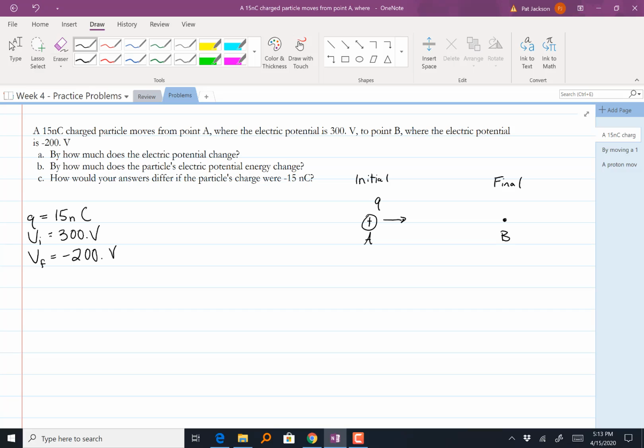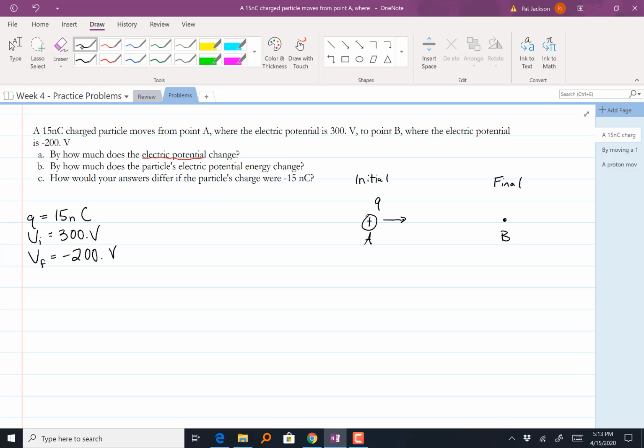So again, there's a linguistic trick that's happening here, or it can be tricky or trip you up, which is that when we're talking about electric potential, I could say electric potential, I could say potential, I could say voltage. They're all talking about the same thing, but they are definitely different than the electric potential energy. So we really need to be paying attention to the fact that this question is asking me for the electric potential and not the electric potential energy.